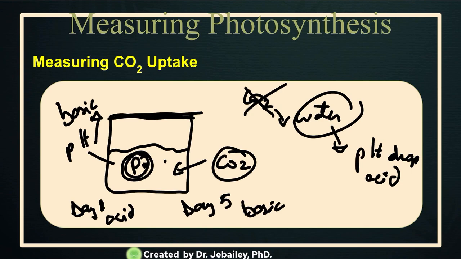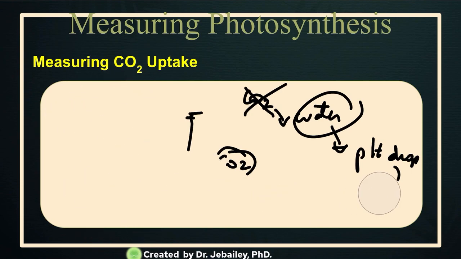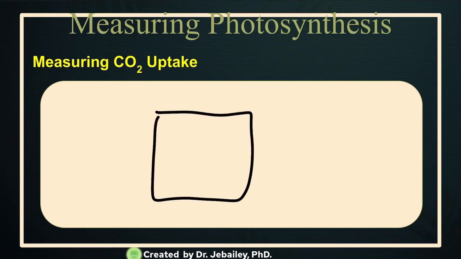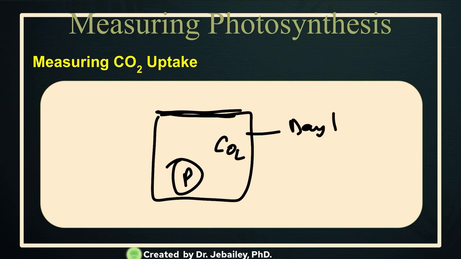Another way is you put again a plant in a box, and it's closed up, and you have a certain amount of CO2 in the air, and you measure how much there is on day 1. Then you put a Vernier probe right here, basically a stick, and this probe is connected to a computer, and you measure on day 1.